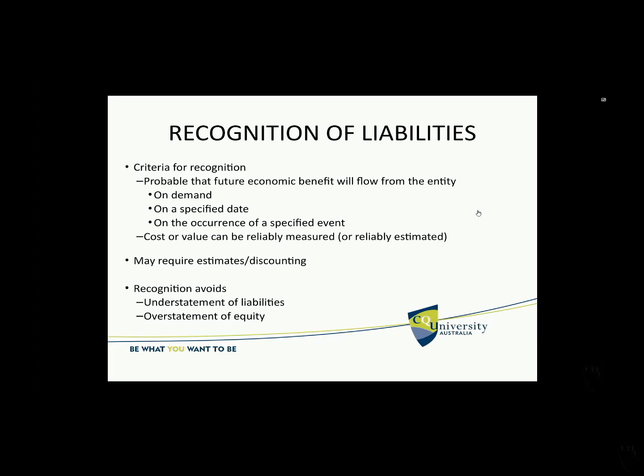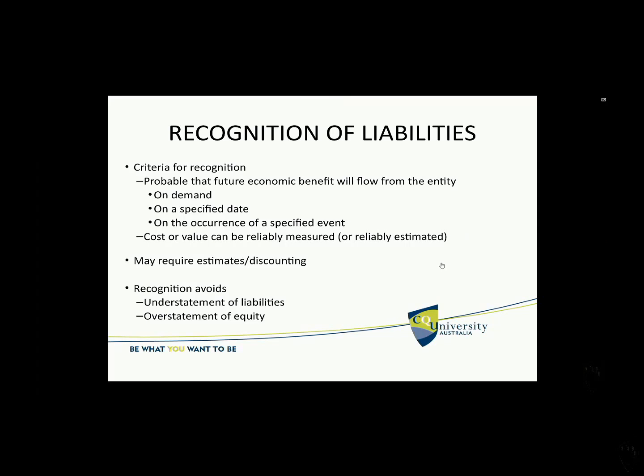An example of on a specified date would be a purchase made on credit, where typically credit terms for accounts payable are 30 days from the date of the invoice. From the date of the invoice, then the liability is due to be paid. So that's an example of payment on a specified date.